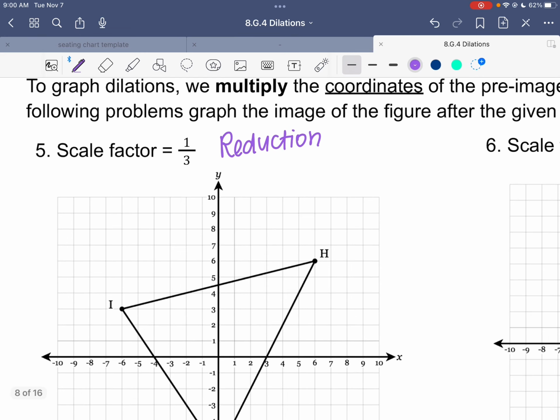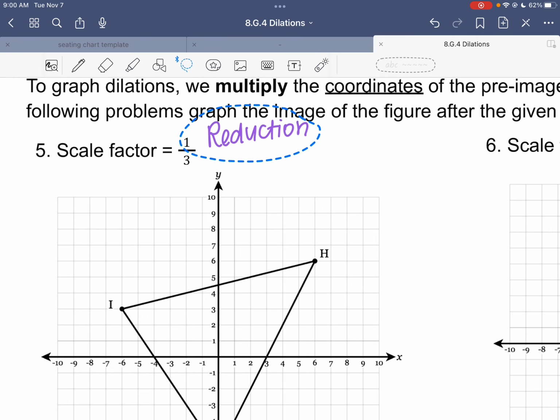Whenever we have any type of transformation, we can write a coordinate rule to represent that transformation. So we did this with rotations, reflections, translations, and now we are going to do it with dilations. So we know that with dilations, we take all of the original coordinates and we multiply them times our scale factor.